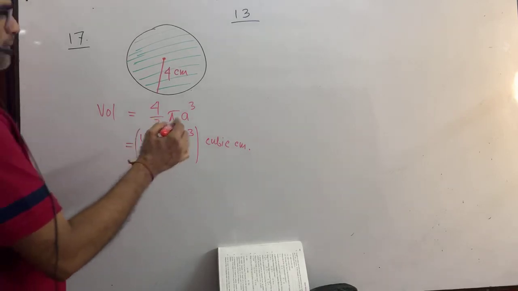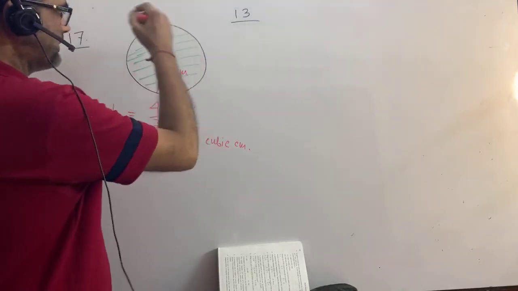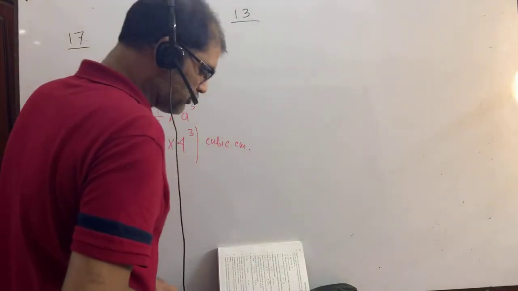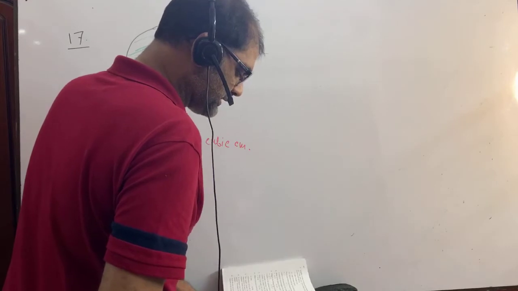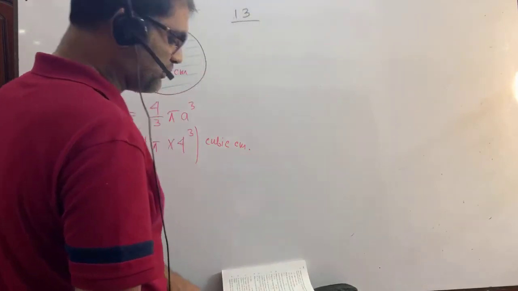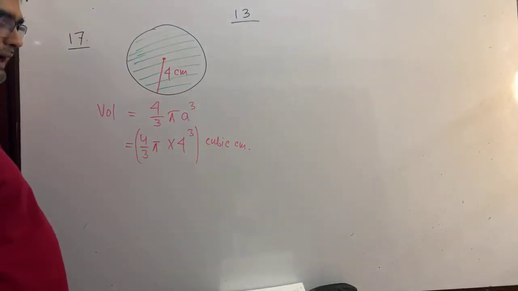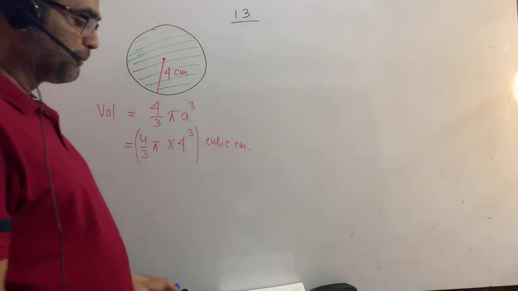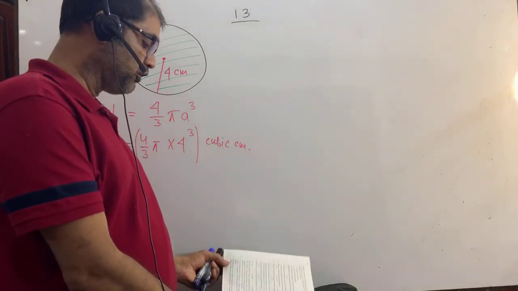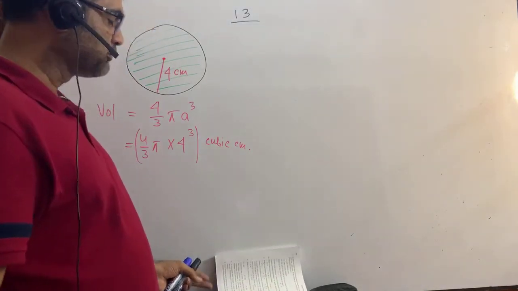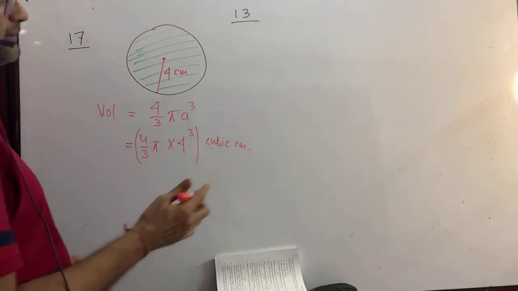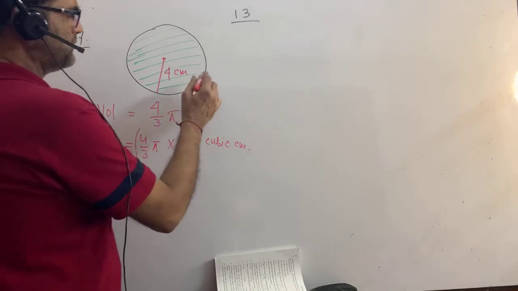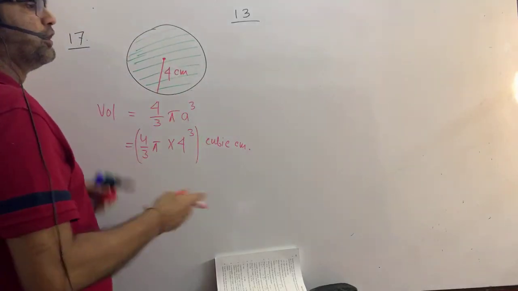Now what is given here, question number 17. It is to be melted and it will be formed into a uniform hollow sphere of outer radius 5 centimeter. What is meant by this? That now it will be broken, it will be melted.